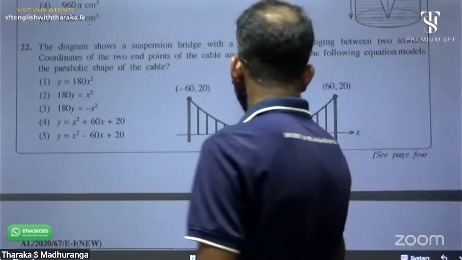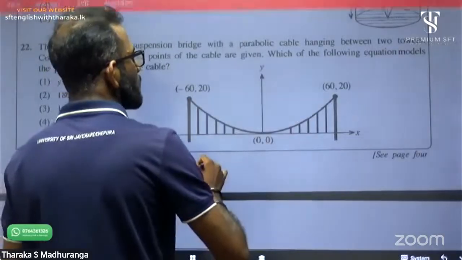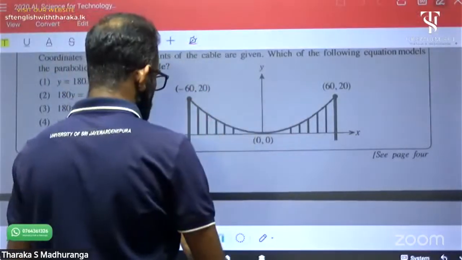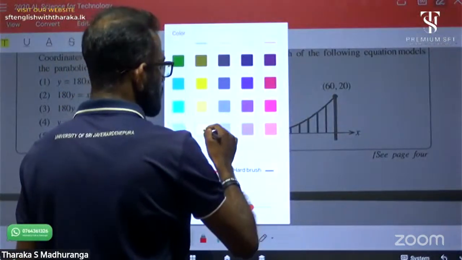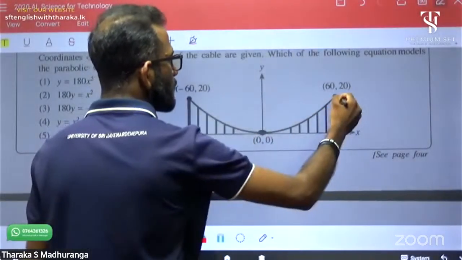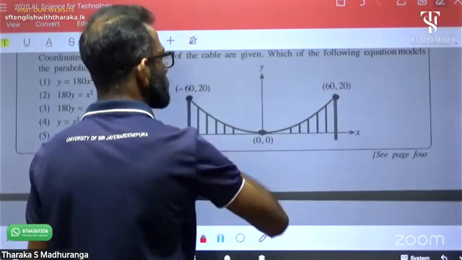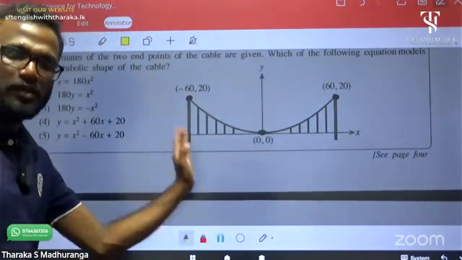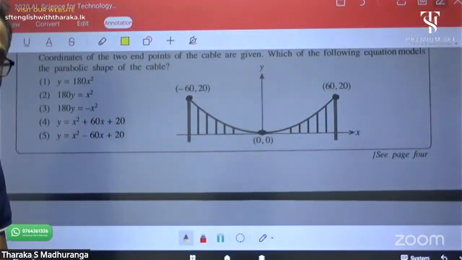This is a turning point. And this is the end point. This is a symmetric cable. Symmetric parabolic shape.